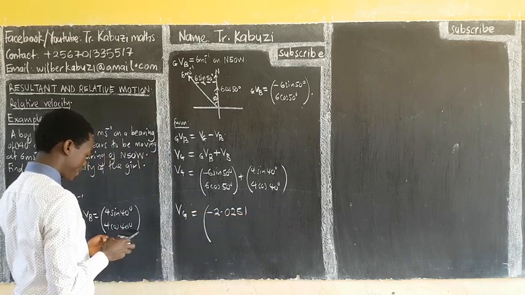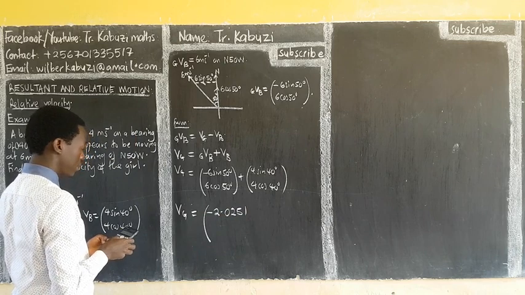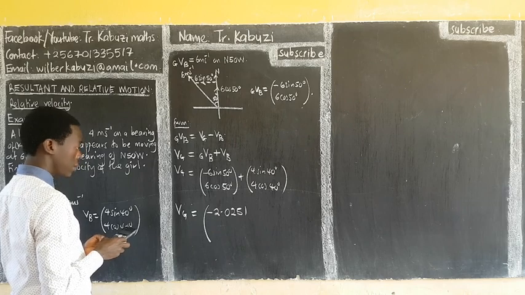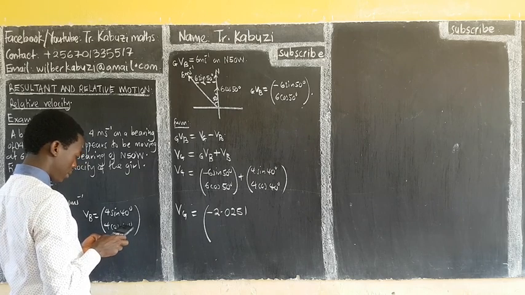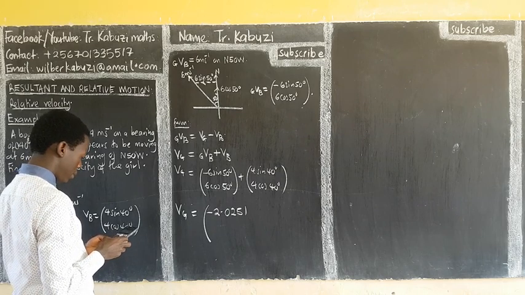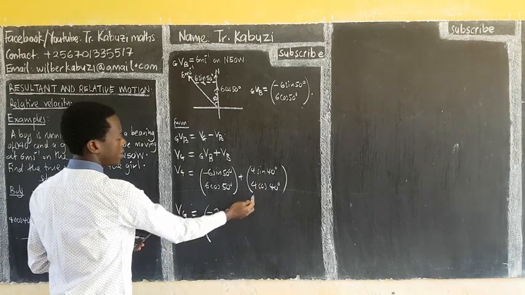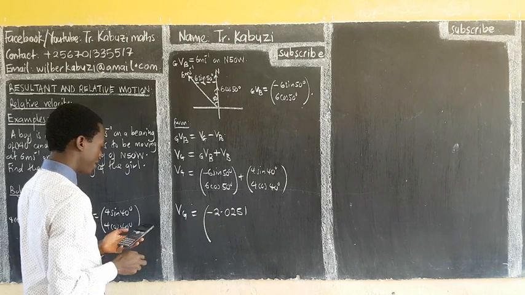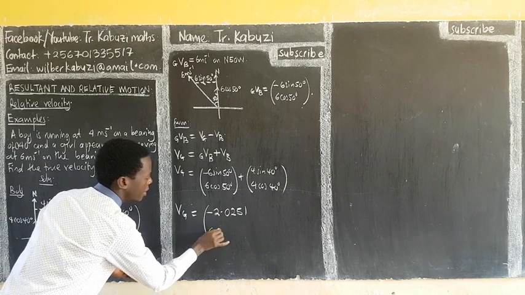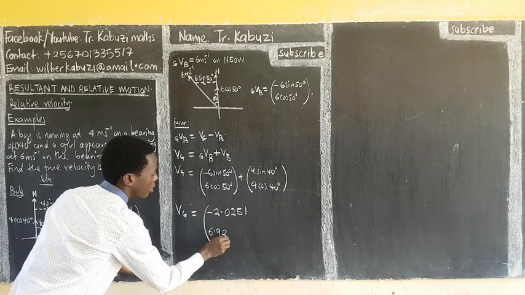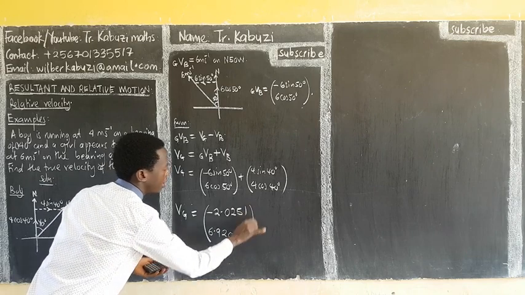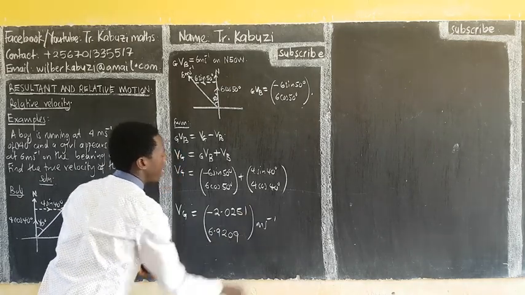Then this one, we add this plus this, we shall get this, then this plus this gave us that. So this one is really 6.9209. These are in meters per second.